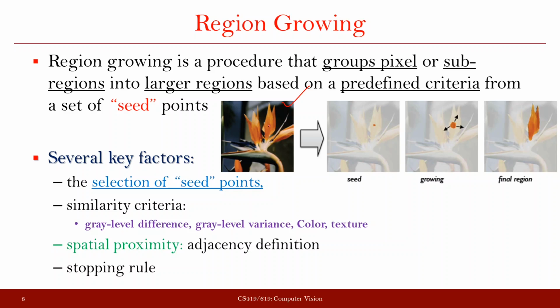Let us say we start by considering this particular point here, maybe in the flower petal. When you start from this point and analyze its neighbors, let's say I draw a 3x3 neighborhood for this pixel here.